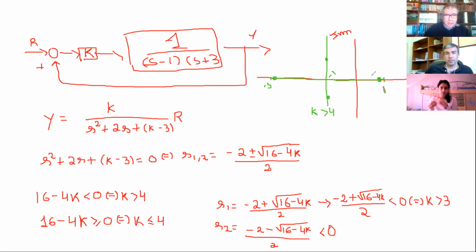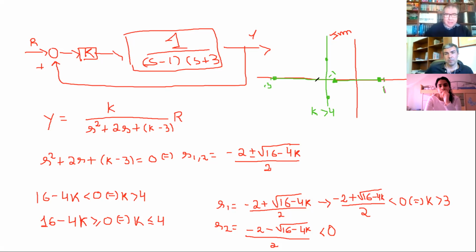So can you mark with a triangle two poles in this situation in which you have both poles with negative real part, say one there, and one symmetric with respect to that point.